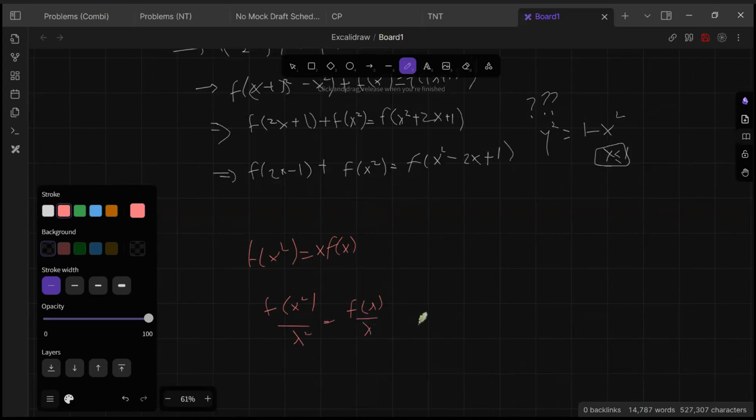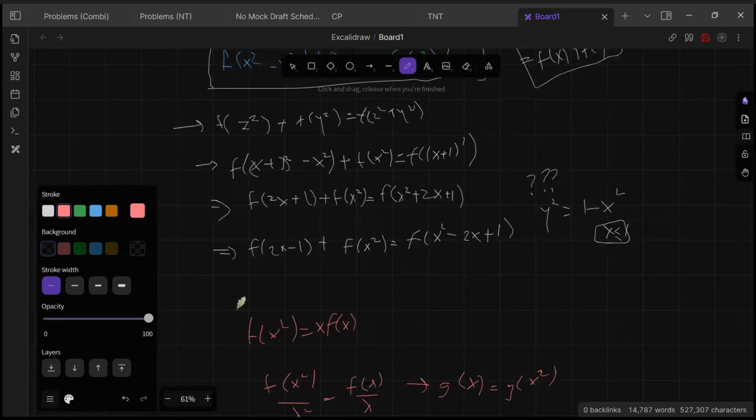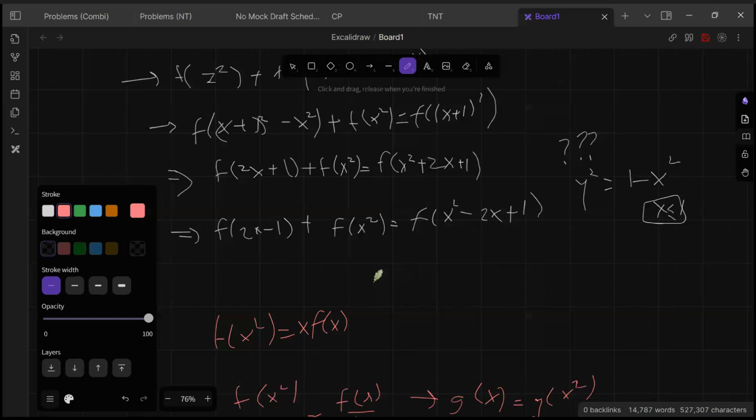Like I said, almost constant. If you assume f of x by x is dx. I mean, sure. This is not almost constant. g of x is equal to g of x squared. Cool. Okay, fine.